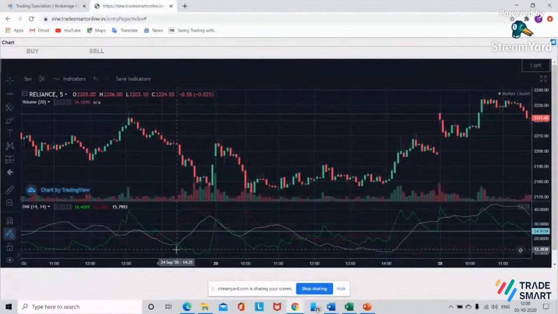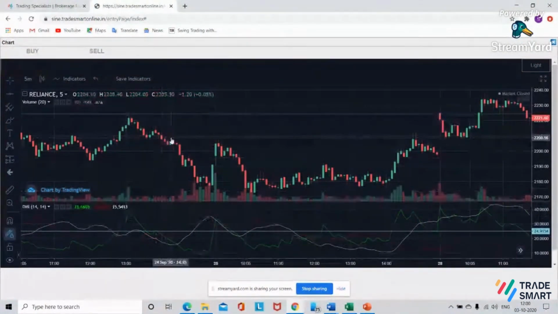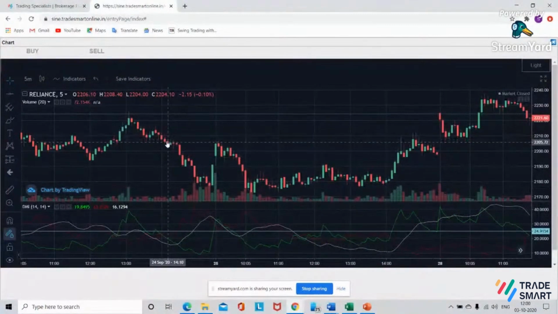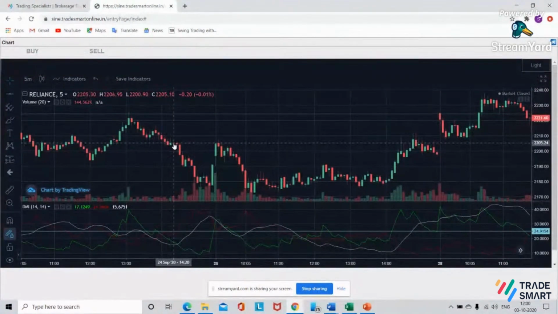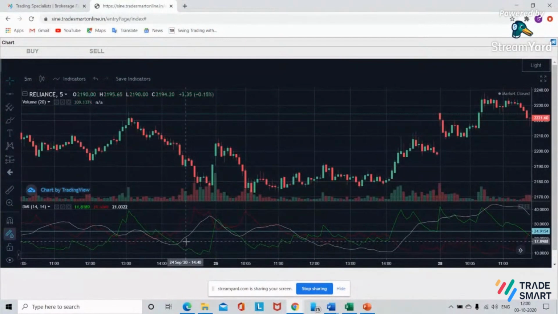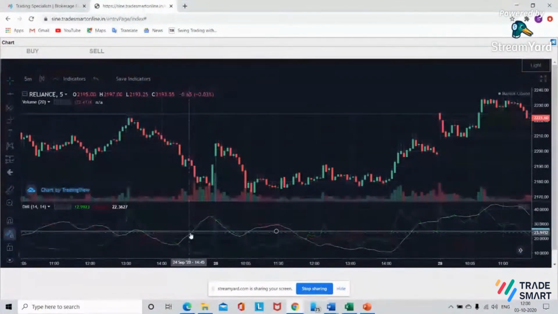Let's say here after 2 p.m. we have seen that suddenly the market is changing its way and it is coming down and down, and the ADX line from the 15 level almost reached 25. So here was a good entry, guys.